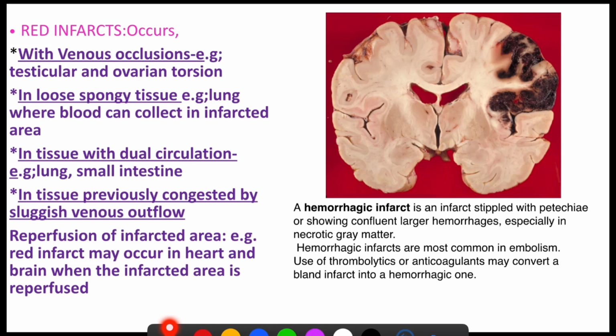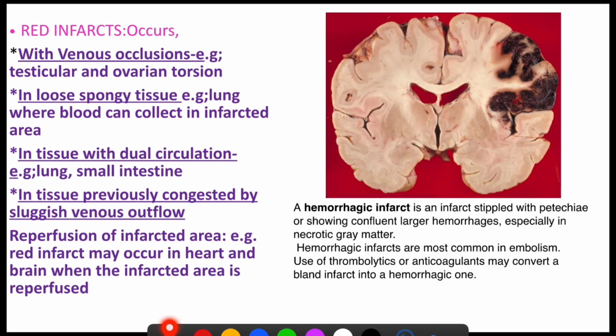Another example of red infarct: here you can see this is a hemorrhagic infarct in the brain. So this is a slice of brain where a red infarction area is present, measuring this by this.